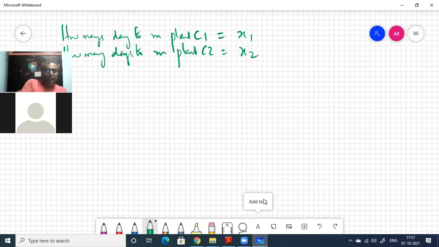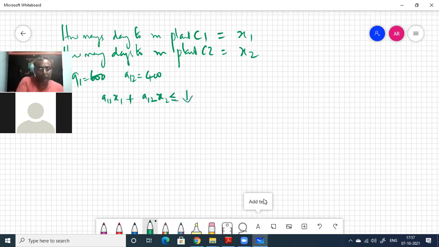So A1 into X1 plus A2 into X2 should be minimized.